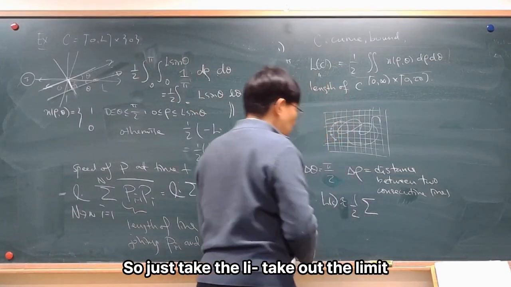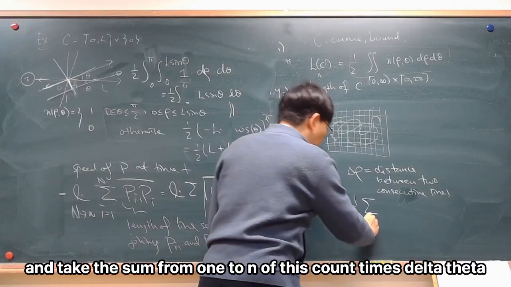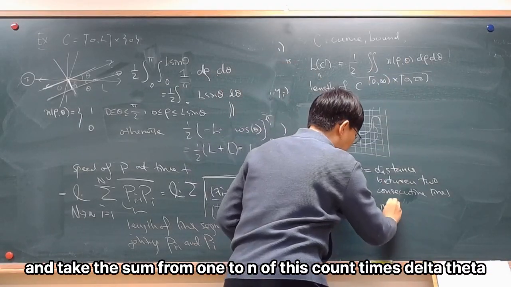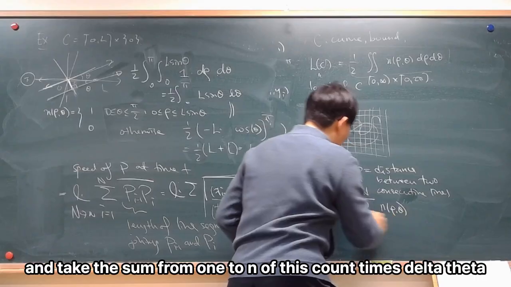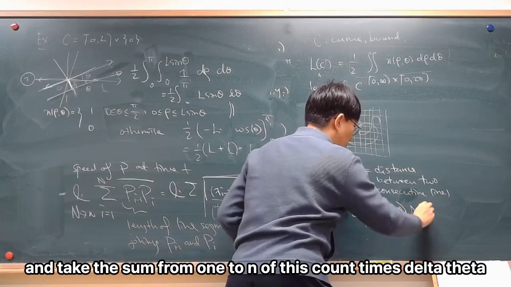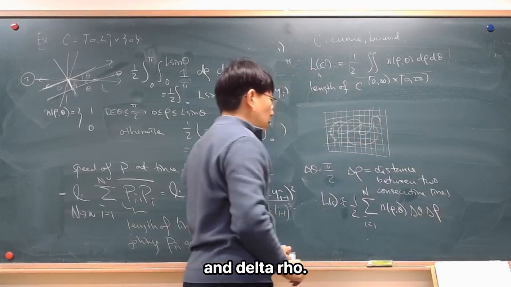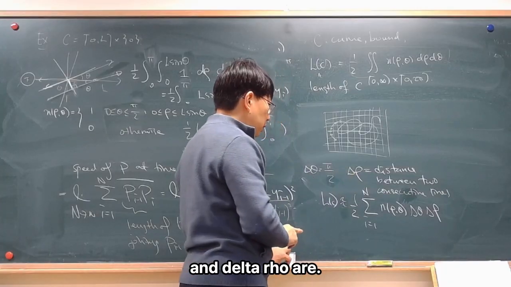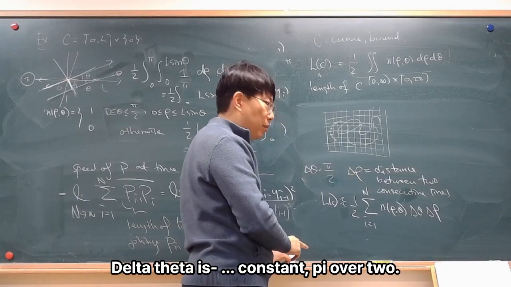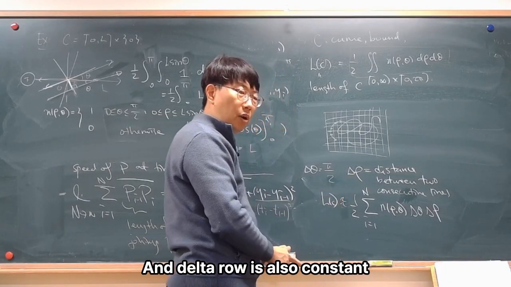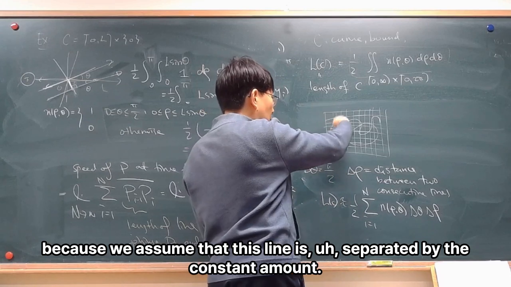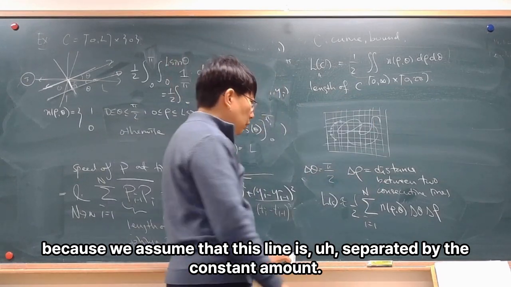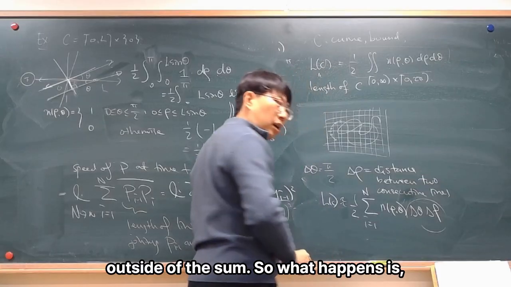So just take out the limit and take the sum from 1 to n of this count times delta theta and delta rho. But then think about what delta theta and delta rho are. Delta theta is constant, pi over 2. And delta rho is also constant because we assume that the lines are separated by a constant amount. So I can take this outside of the sum.